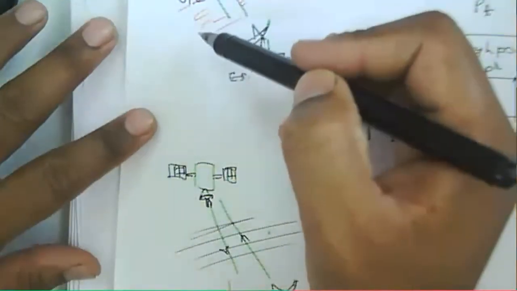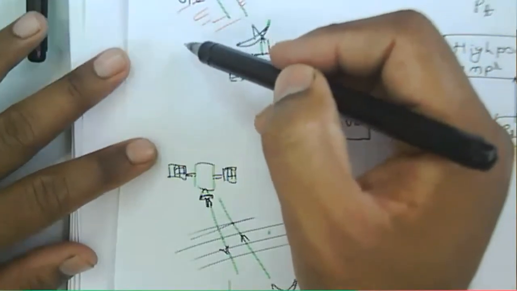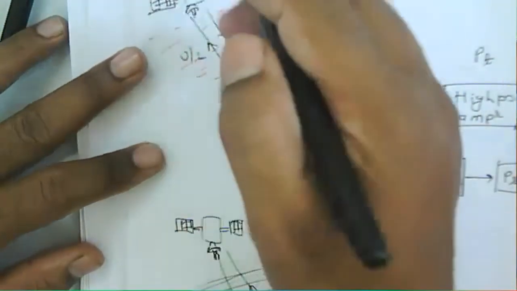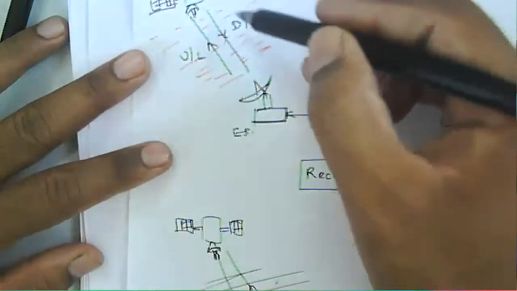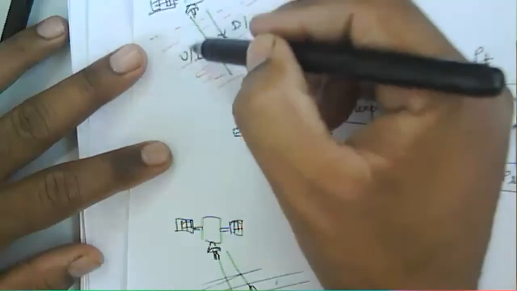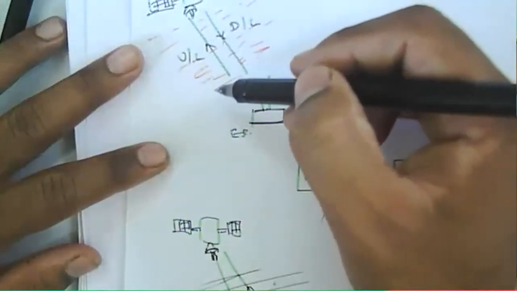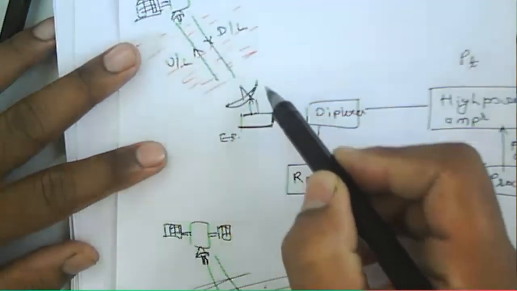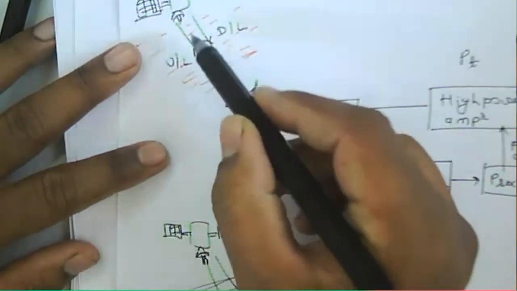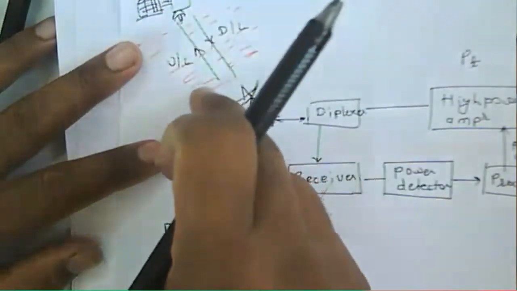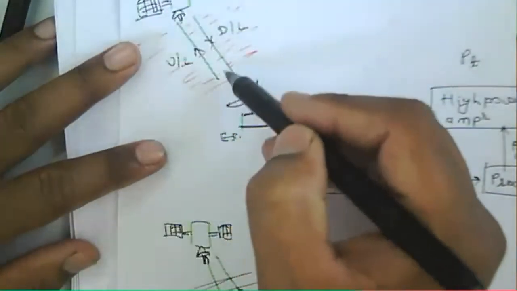Similarly for the downlink, the same applies when we transmit the signal from the satellite to the earth station. There may be rain attenuation in the downlink also. So increasing the uplink power is not the only solution. We need to increase the downlink power also.